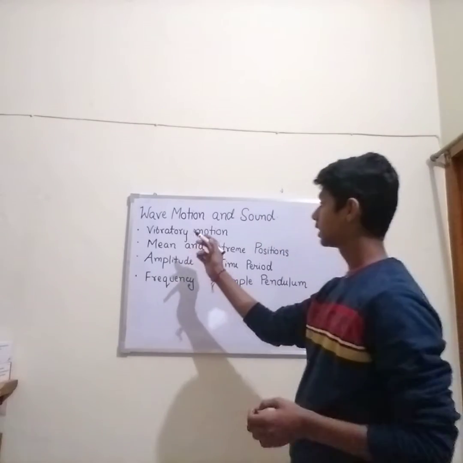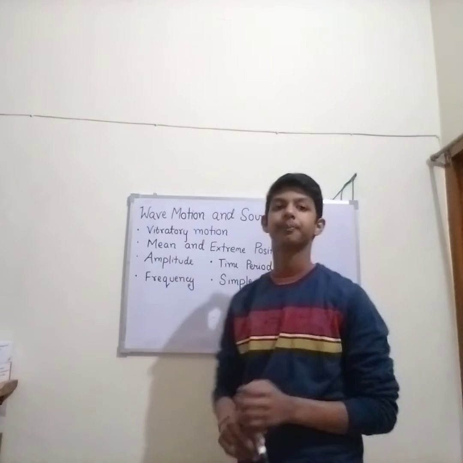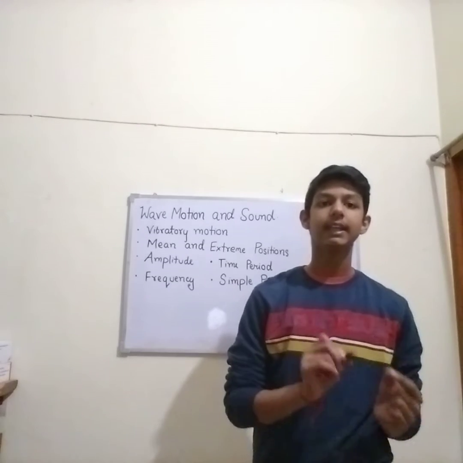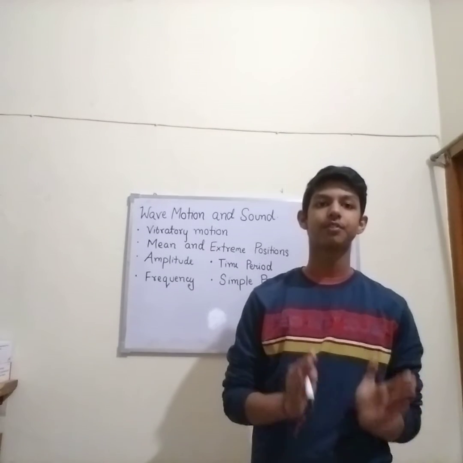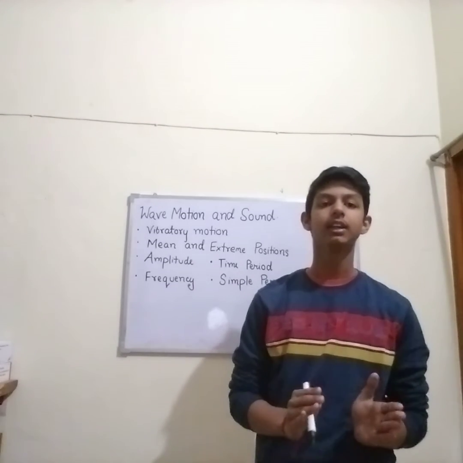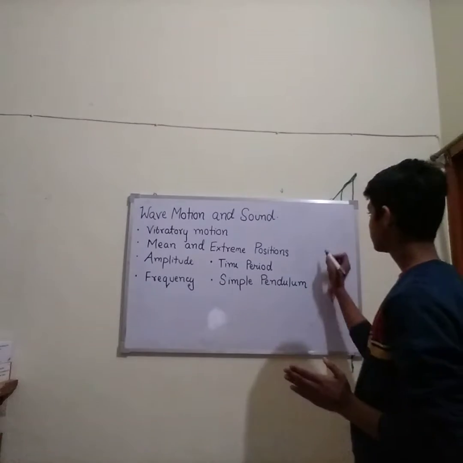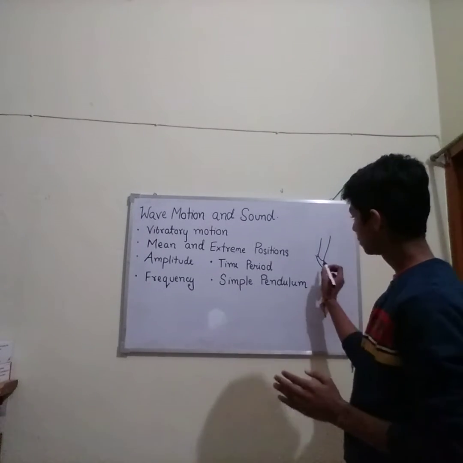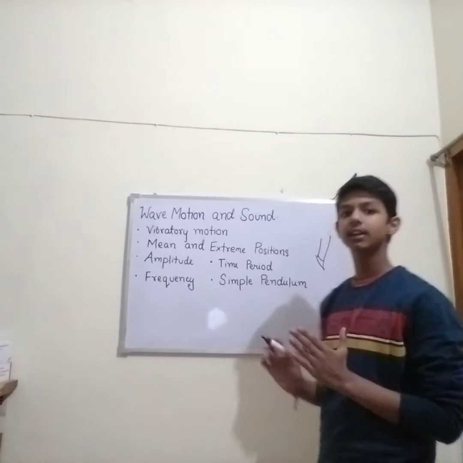First topic is vibratory motion. Vibratory motion is a motion in which any object moves in a to and fro direction. Suppose there is a swing and a child is playing.